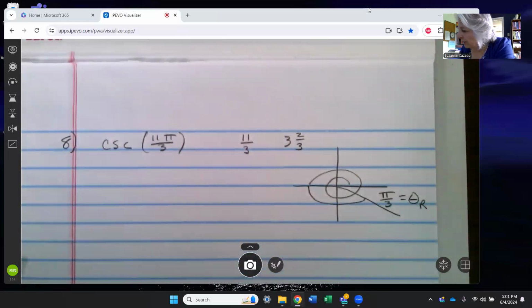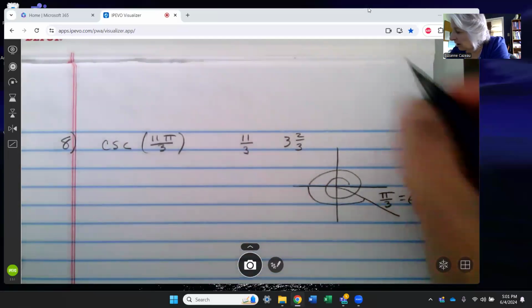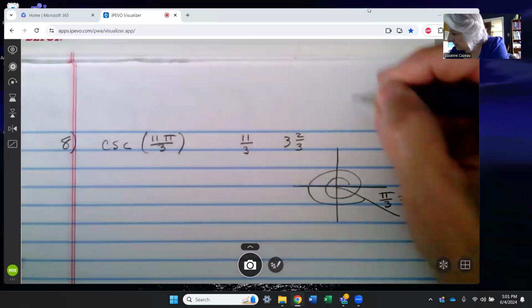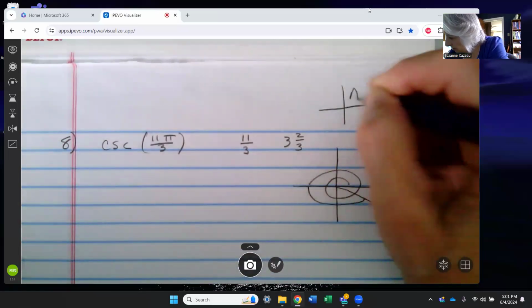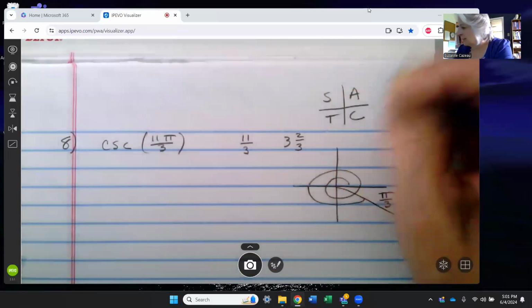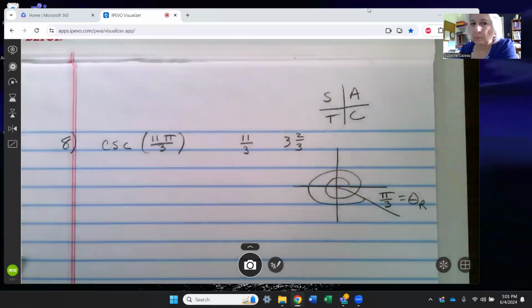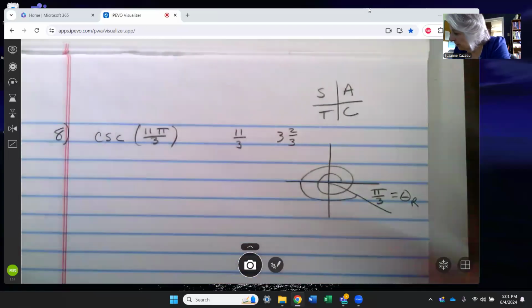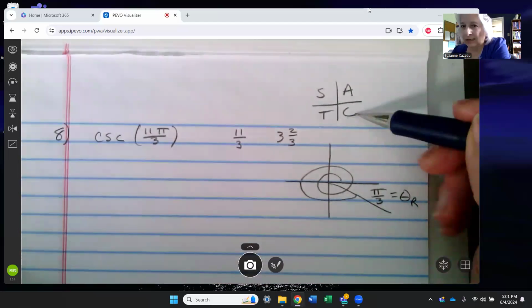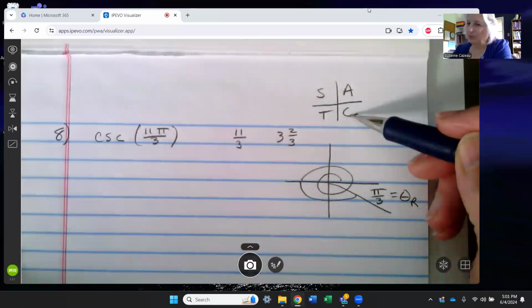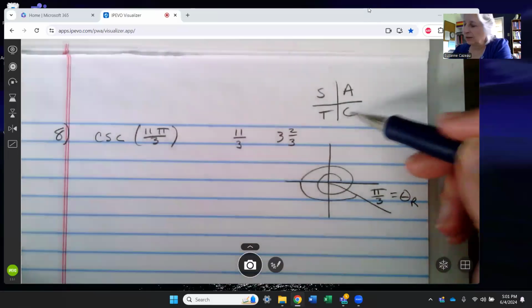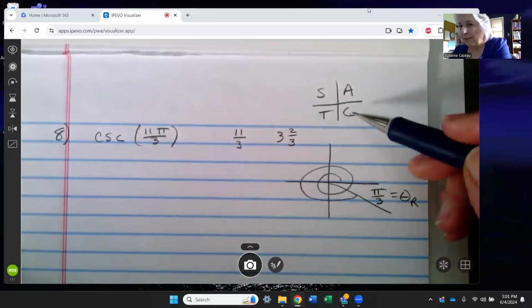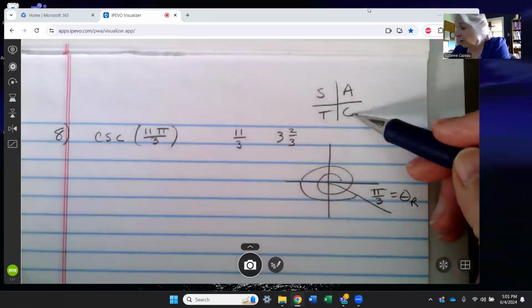The other thing that I want to know is all students take calculus. That tells me what is positive in which quadrant, and their reciprocals. So since we're here, cosine and its reciprocal secant are positive in quadrant 4. So that means cosecant is negative in quadrant 4.